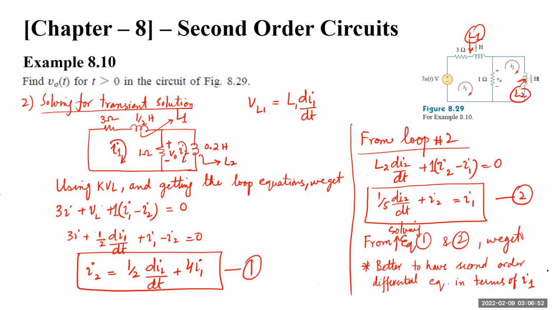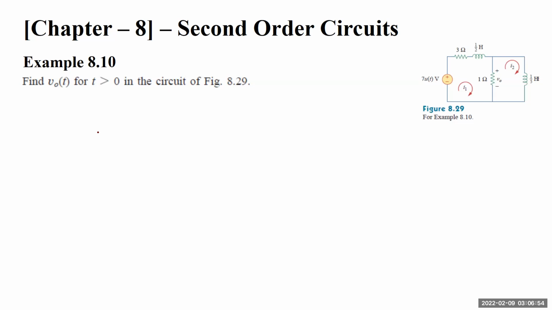So let's find that out. The overall second order differential equation will be d2i1 by dt squared plus 13 times di1 by dt plus 30 i1 equals 0, and we can easily reduce it to the characteristic equation in terms of s.